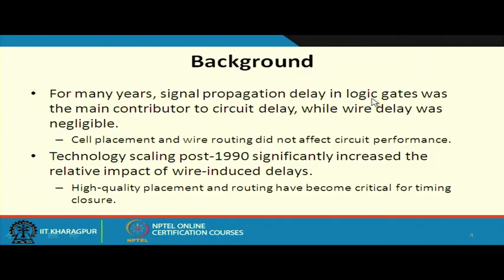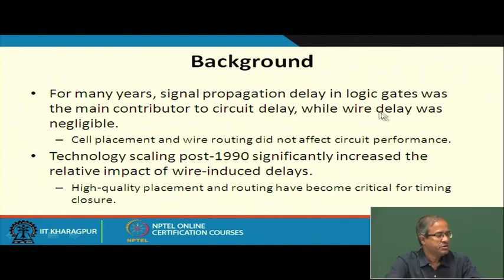The main component where the most significant amount of delay took place was the signal propagation delay of the gates, and during that period we often ignored the interconnection delay.